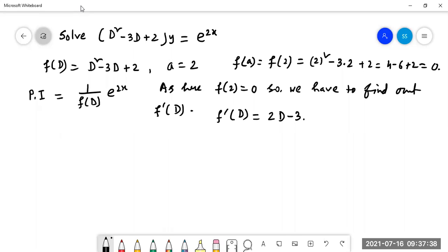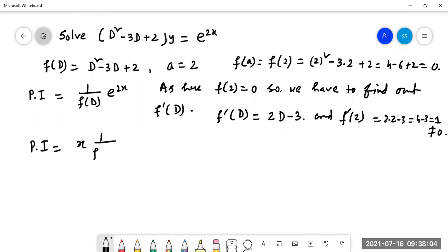And f dash 2 is equal to 2 into 2 minus 3, is equal to 4 minus 3 equal to 1, which is not equal to 0. So from here we got y is equal to, when we take the first order derivative, then x should be here, x into 1 by f dash D into e to the power 2x.